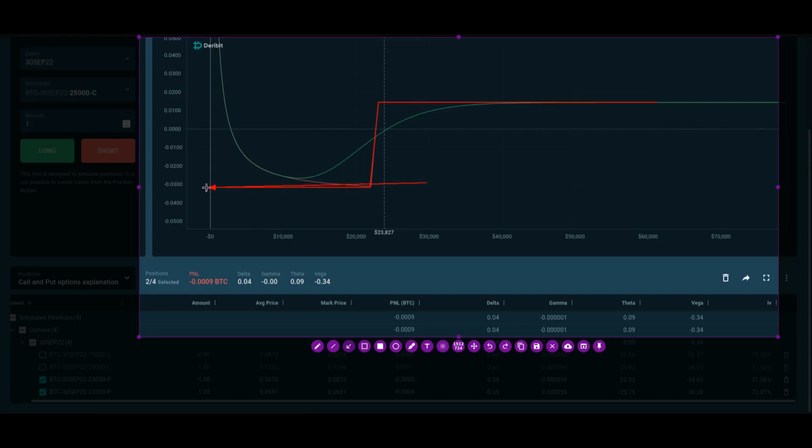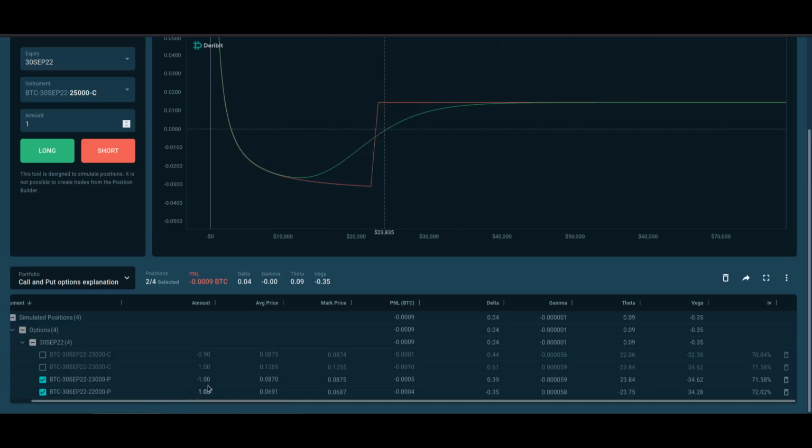So after that our PNL will be equal to 0, and our losses will be limited by this amount. So this is how a spread works.